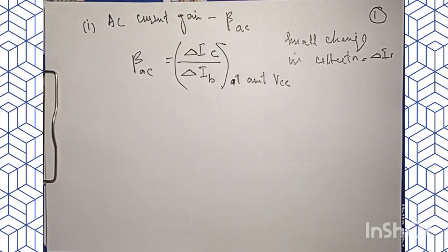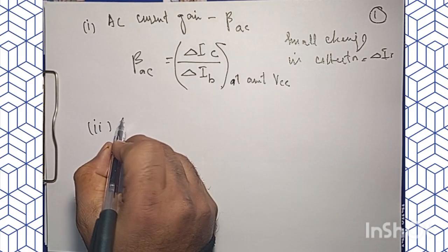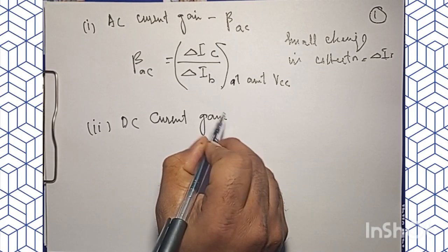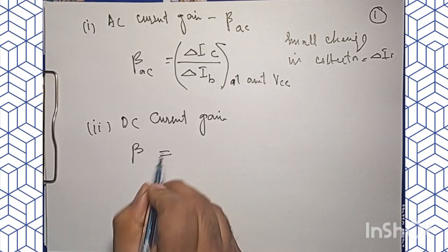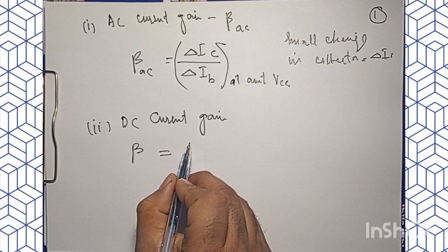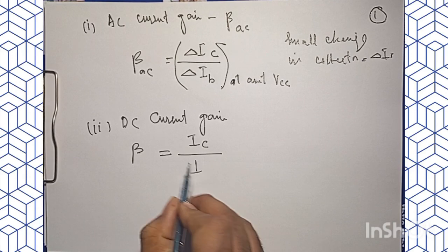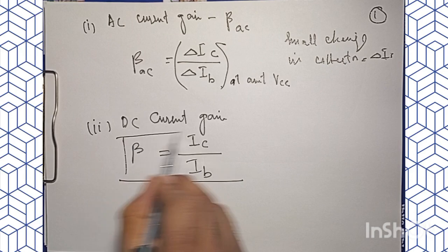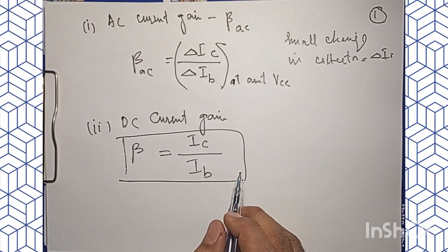This is the current gain in terms of AC, and we can also define the DC current gain. Now for DC current gain, we can take the instantaneous values. So that is beta, the ratio between the collector current and the base current. This ratio gives us the measure of DC current gain.